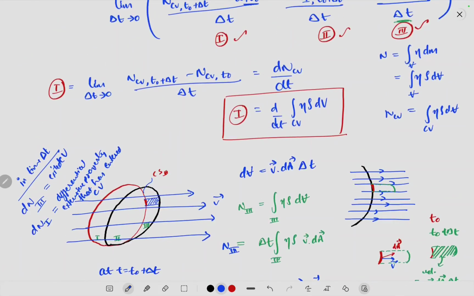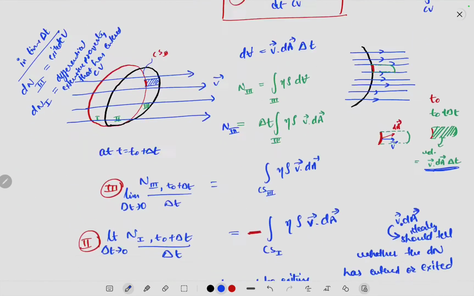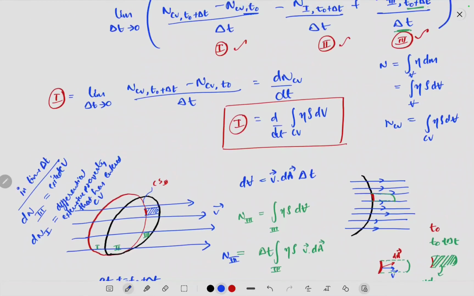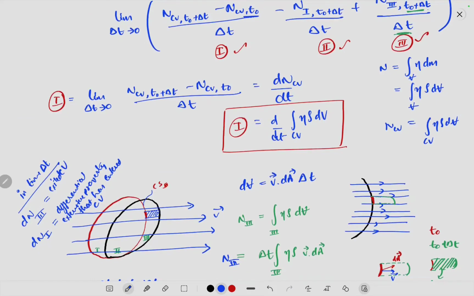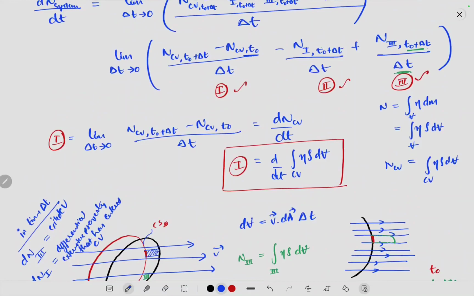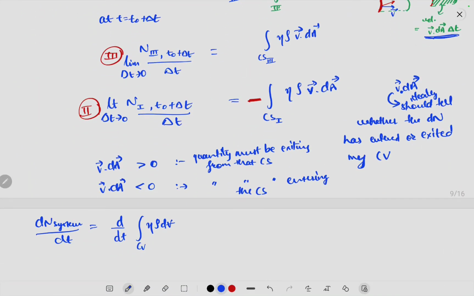So first of all, 1 is given by d by dt integral over CV of eta rho dV, and this V should be like this now. Then we have 2 is given by this and 3 is given by this.